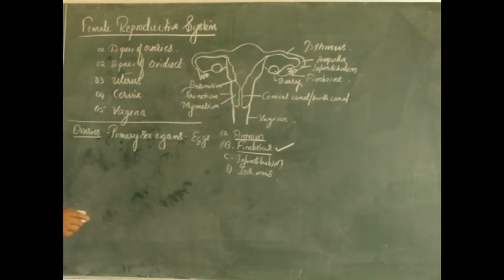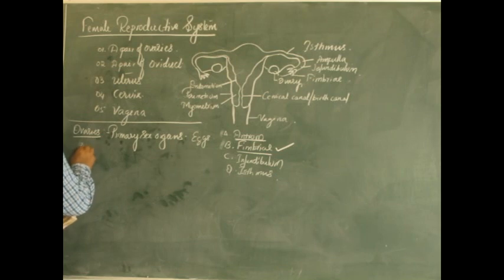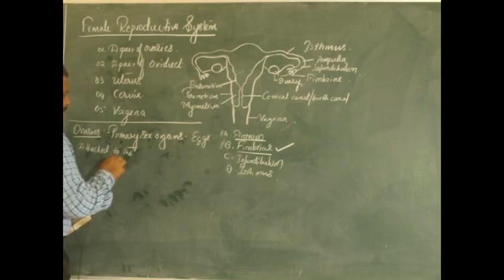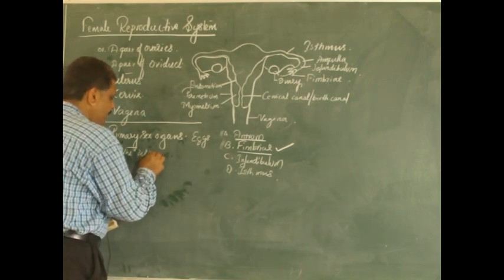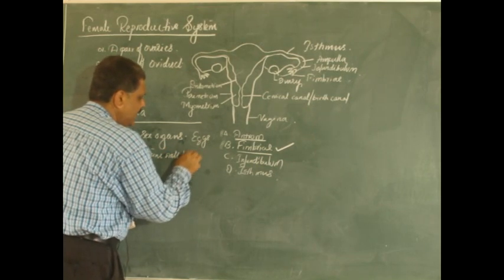And these ovaries attach to the uterine wall by the help of ligaments.